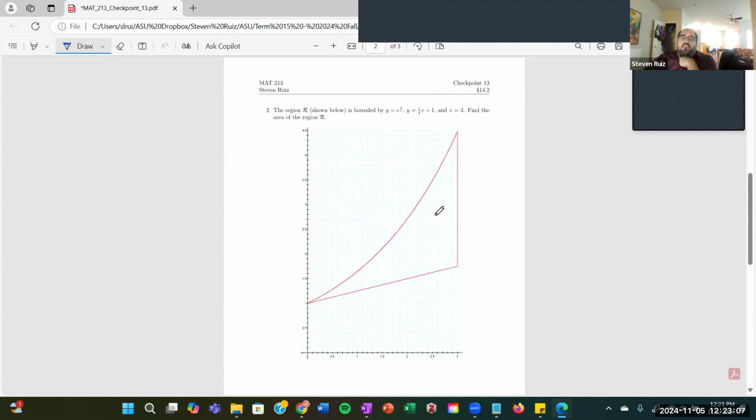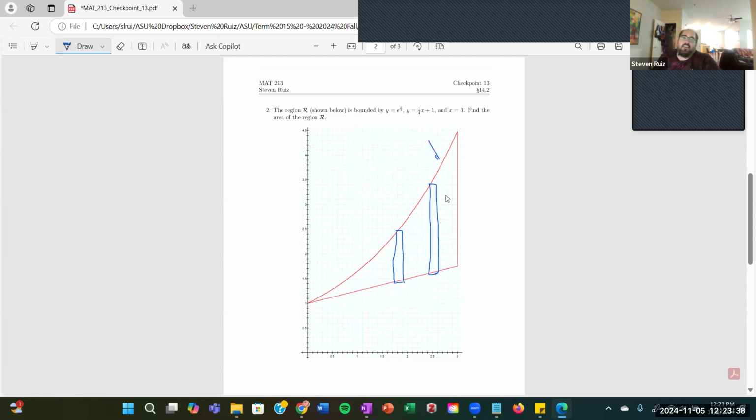All right, moving on. I have this region here bounded by essentially 3 equations, and I want to find the area of this region. So how do I find the area between these two curves? This one we're going to do a little more traditionally. No matter where I draw a dx rectangle, the top end of this rectangle will be dictated by that upper curve.